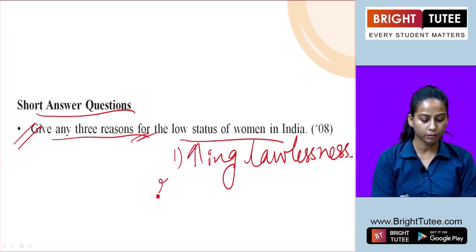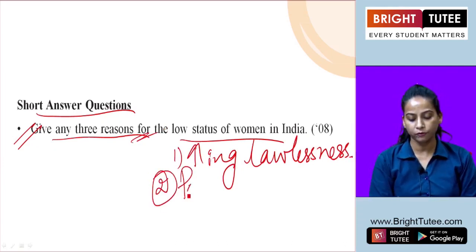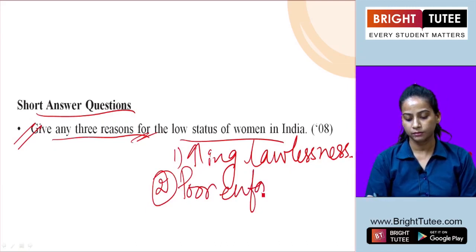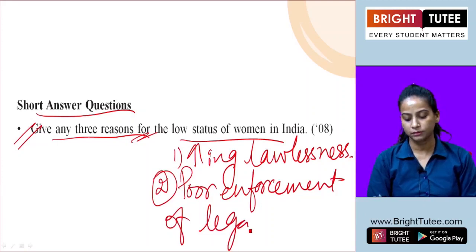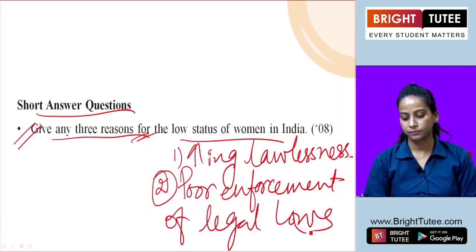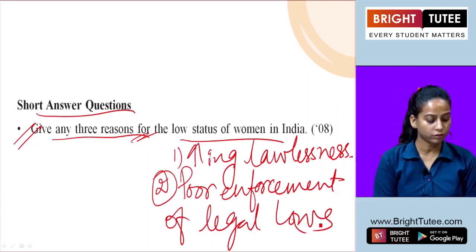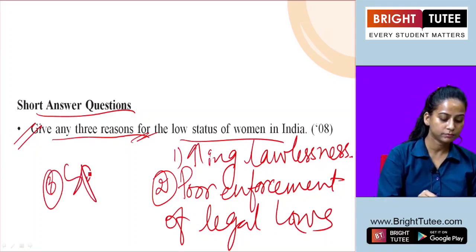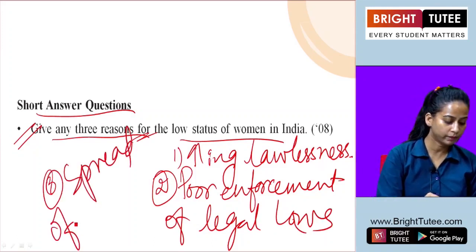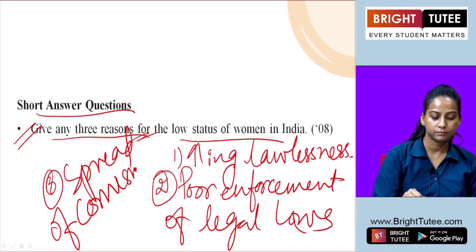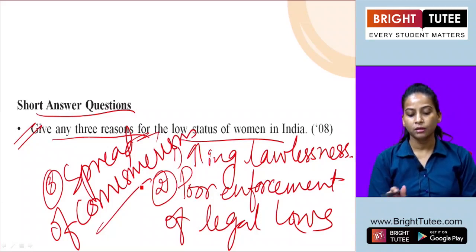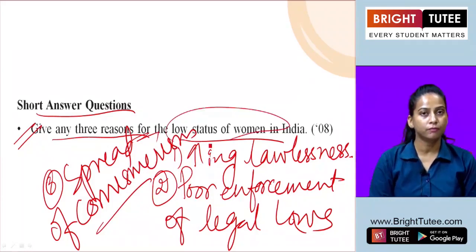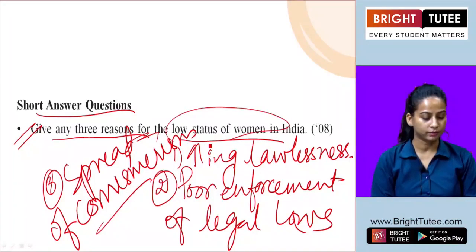Secondly, we can mention the poor enforcement of legal laws. Thirdly, we can mention the spread of consumerism, which is leading to the problem of low status of women in our country.